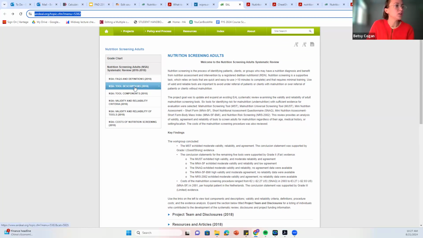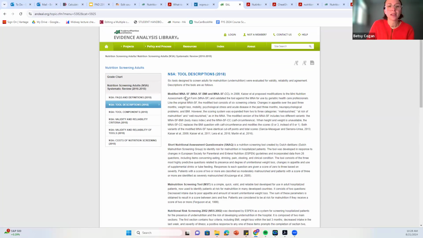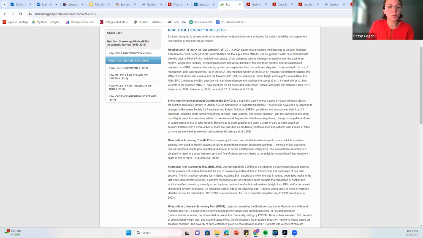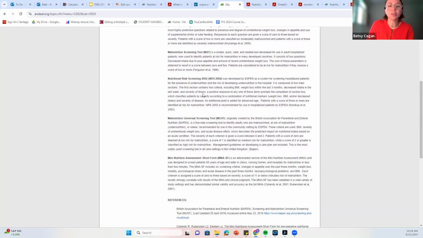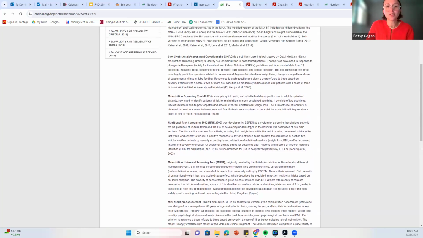So if I click on NSA tool descriptions, this breaks down the literature for me, so I don't have to read a million studies, but it will tell you about these different malnutrition screening tools, why they might be good, who they're good for, etc. So we have a couple different screening tools at our disposal, but essentially, right, they're all used to identify malnutrition.